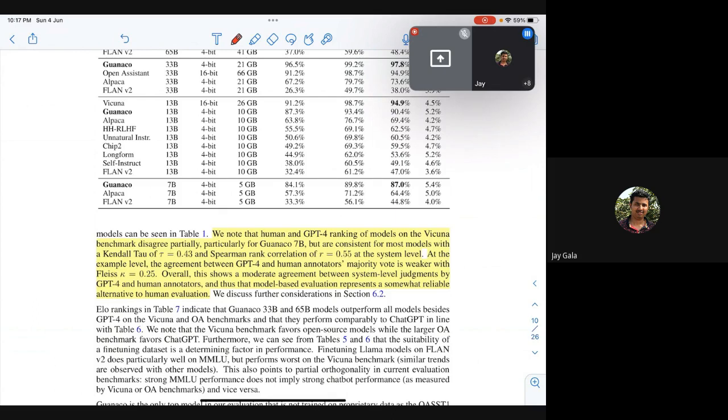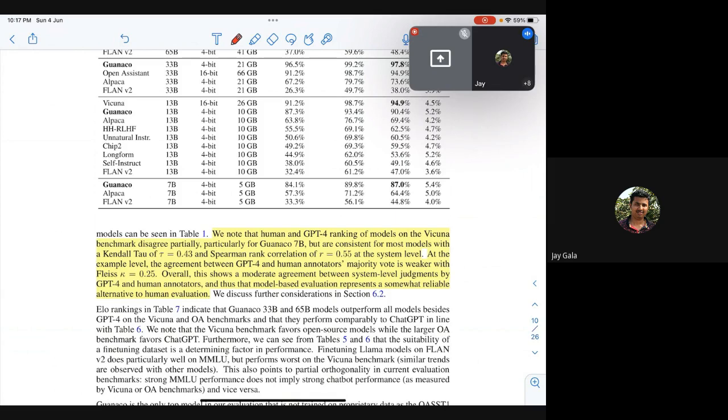And also in this case, they do human evaluation and GPT-4 rankings on the Vicuna benchmark, and they find that the human evaluations and the GPT ratings do not seem to match or at least correlate, and partially disagree.